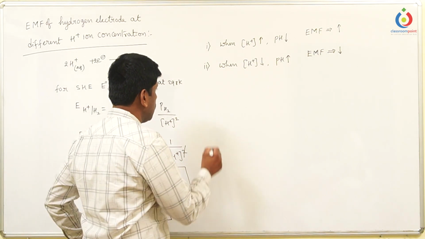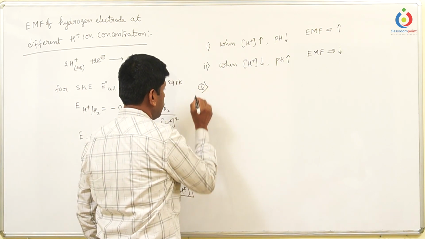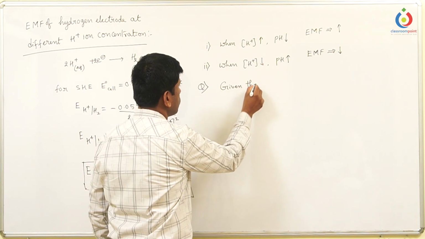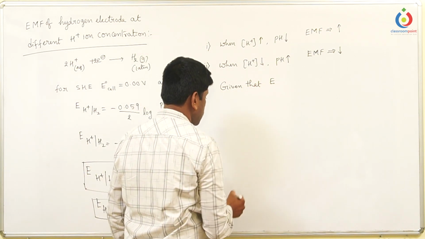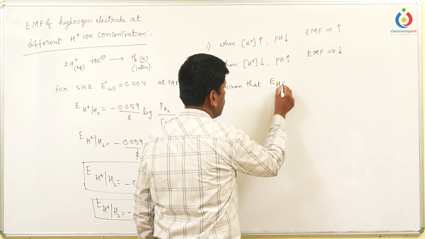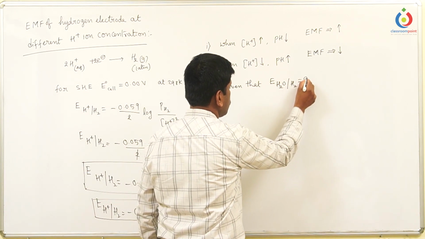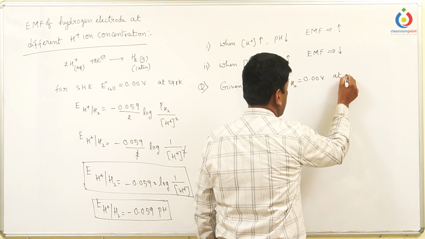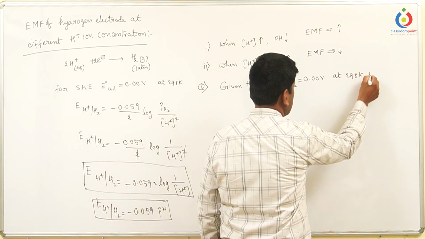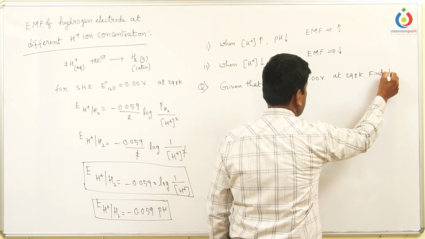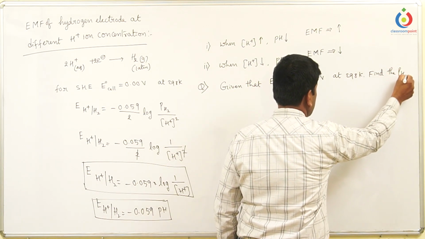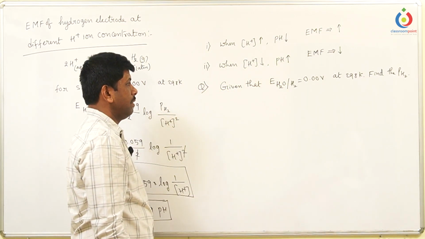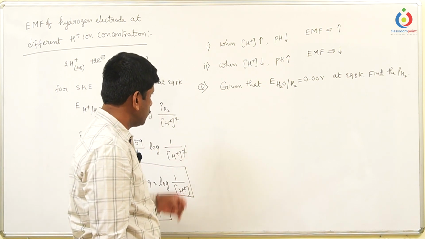Now let us see a question on how to use this type of problem. Given that E of H2O by H2 is equal to 0.00 volts at 298 kelvins, they are asking us to find the partial pressure of hydrogen. So the given value is at 298 kelvins, and it is a hydrogen electrode only.